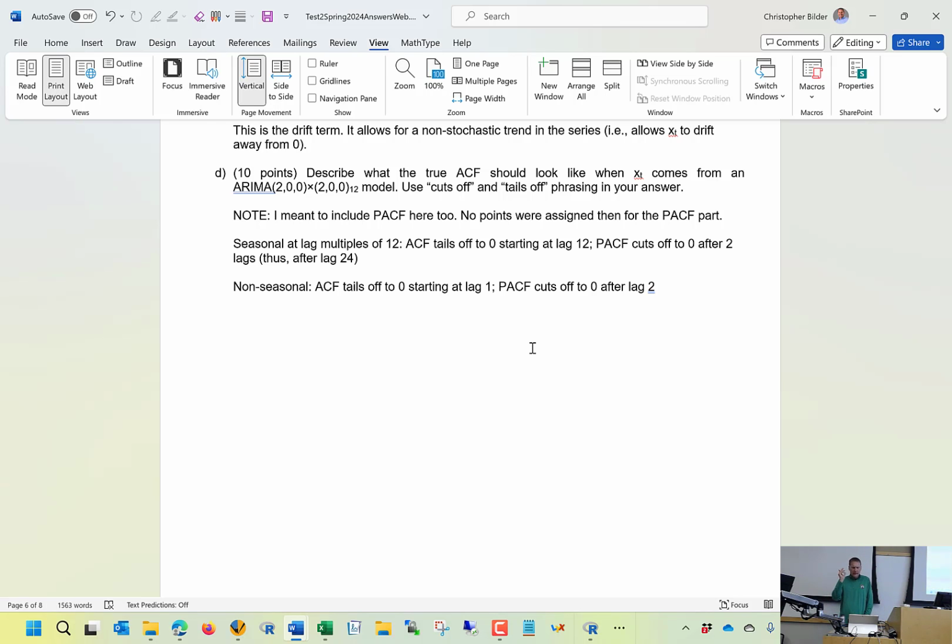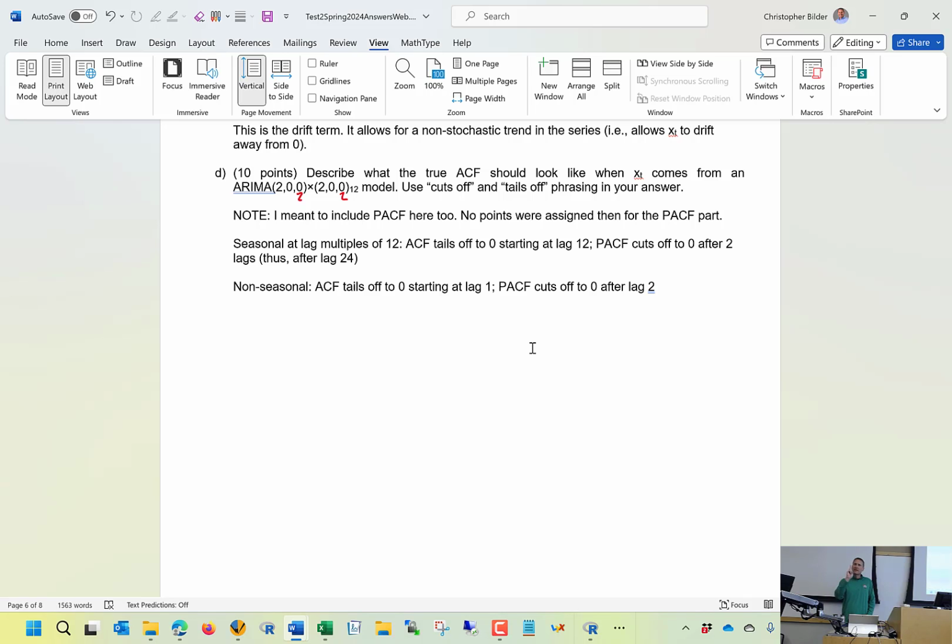Now, the common mistake that students were making was that they were interpreting this as if there was a 2 here and a 2 there. So for more than one test, students would say that, okay, the ACF is tailing off, which is correct.